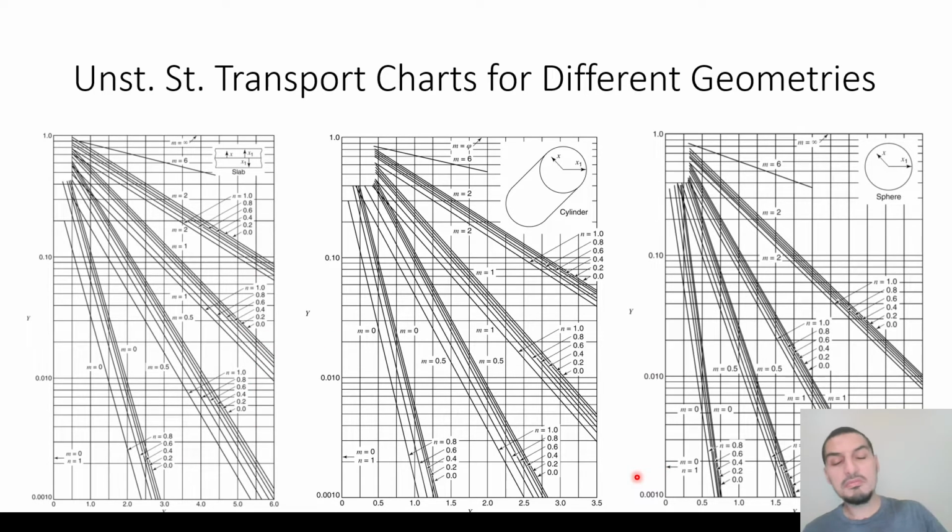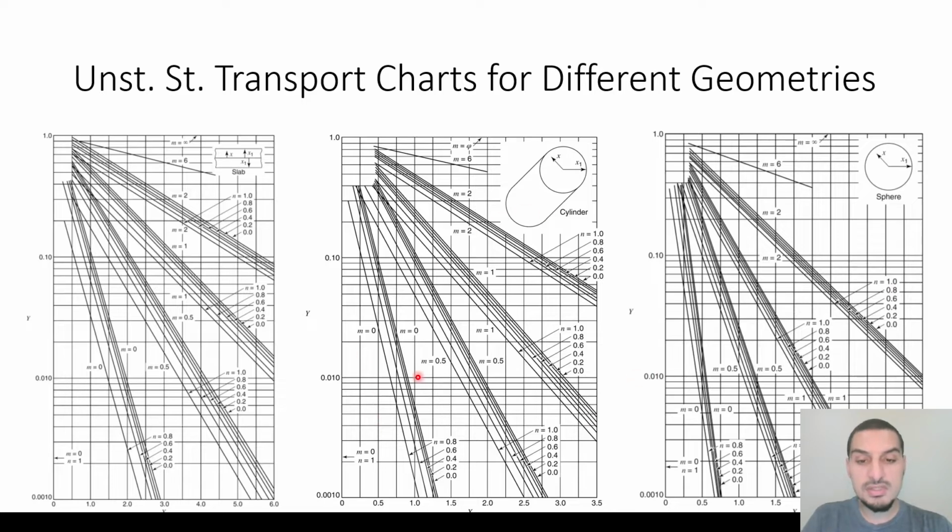Given my inputs, I have the value of m, the value of n, and x. If I know the value of m and n, then I know which line I am going to use. But first, before everything, I have to pick the right chart for my system. Based on choosing the right chart, I go on to the rest of the inputs.